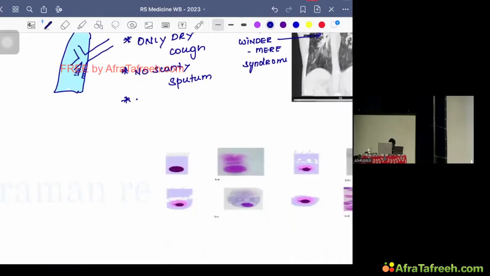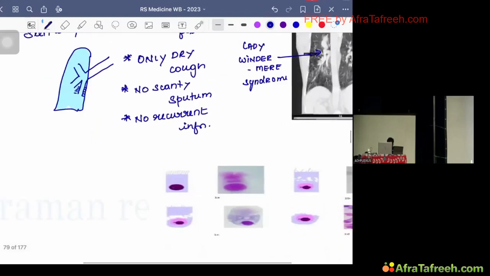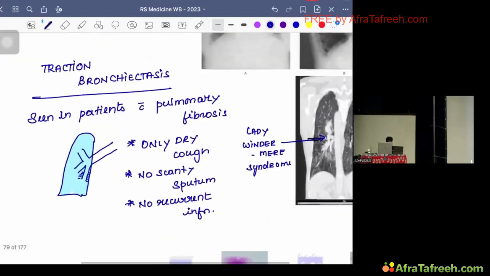They will also not have any history of recurrent infections. So this is called traction bronchiectasis, seen in patients with pulmonary fibrosis, who have dry cough with no history of recurrent infections.